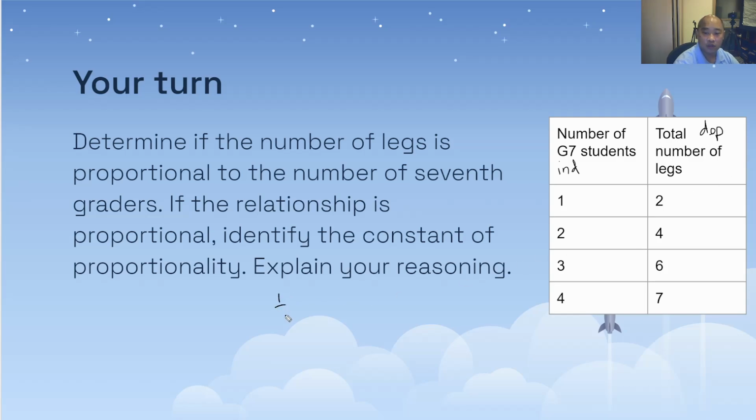So 1 over 2, 2 over 4, 3 over 6, 4 over 7. If you divide each of these, or if you just reduce them all, 1 over 2 is reduced to 1 over 2, 2 over 4 is reduced to 1 over 2, 3 over 6 is reduced to 1 over 2, 4 over 7 cannot be reduced, so this is not proportional.